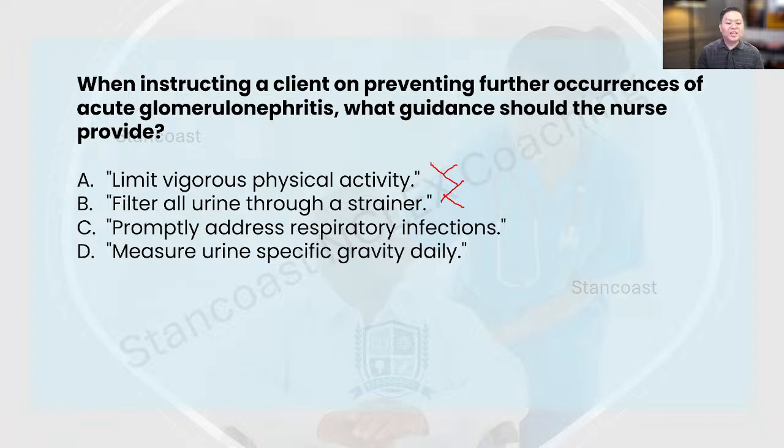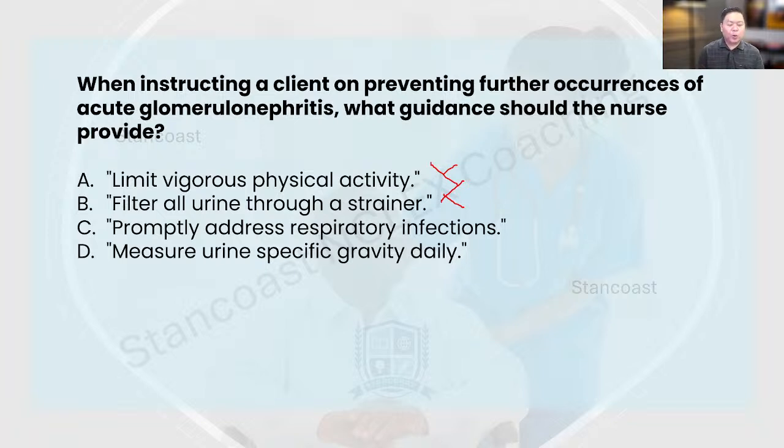Now, our test-taking skill here is to recognize the connection between the respiratory infection and the diagnosis that has been established for this patient, which is acute glomerulonephritis. So your knowledge about the pathophysiology is much needed around this time.